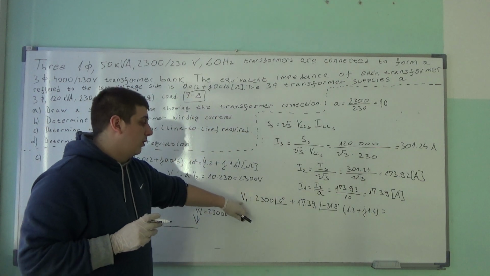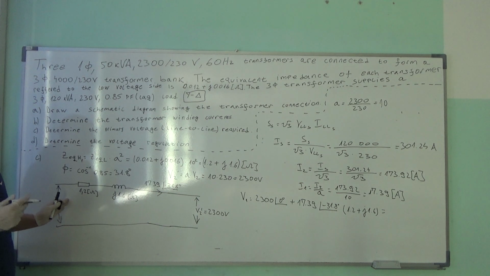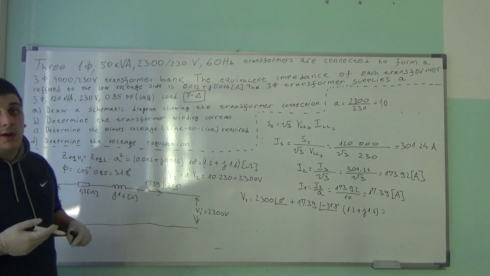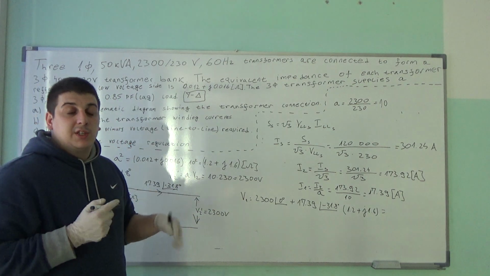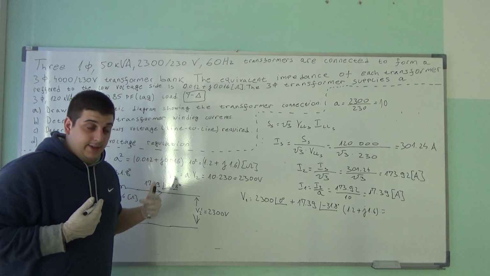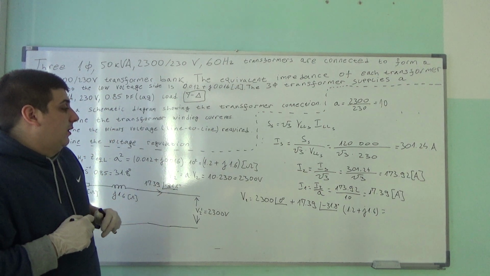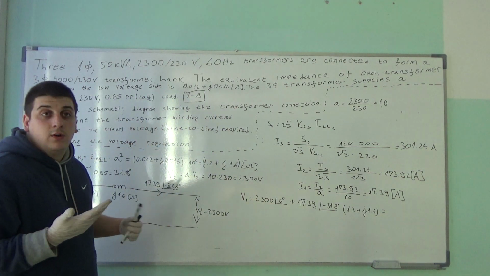And we are going to see firstly what is the phase angle, and we are going to easily calculate what is the line-to-line voltage on the primary side. We did this for easier computations.